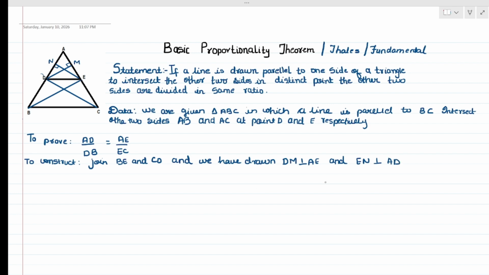Okay, these are the things we have written: first the statement, then data, then to prove and to construct.